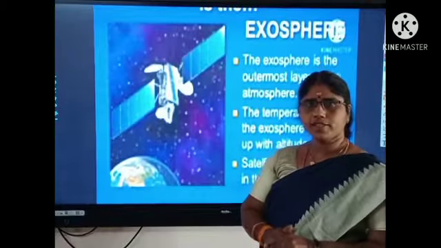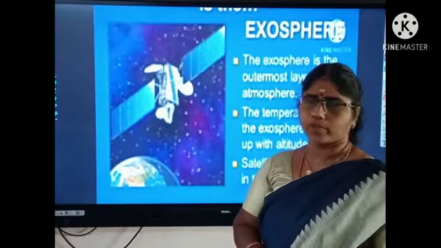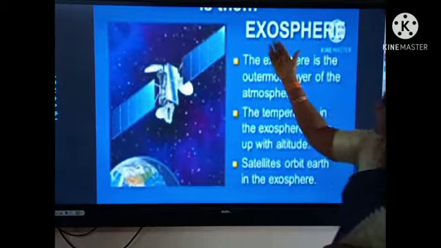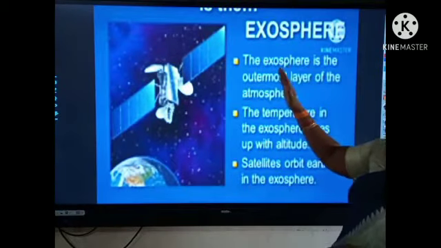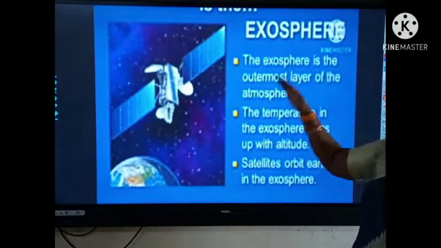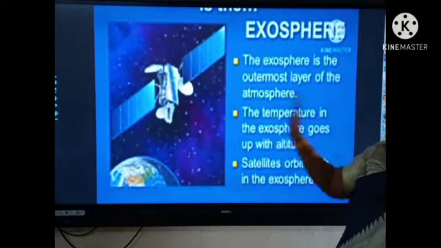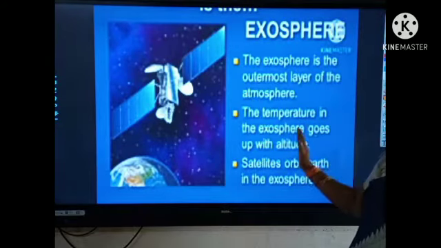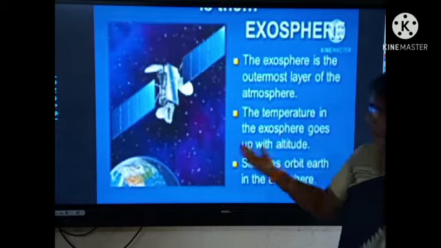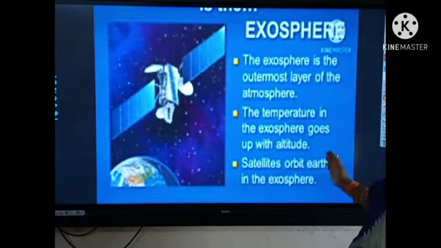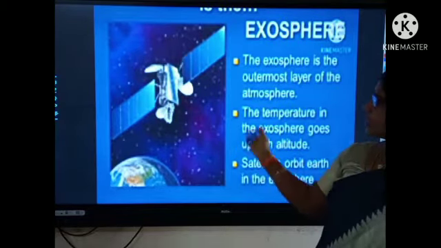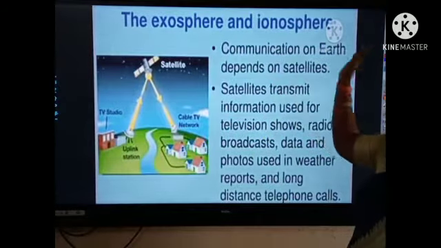The fourth layer is thermosphere. After that, you can see exosphere, the outermost layer of the atmosphere. The temperature in the exosphere goes up with altitude. Satellites orbit Earth in the exosphere and the ionosphere.